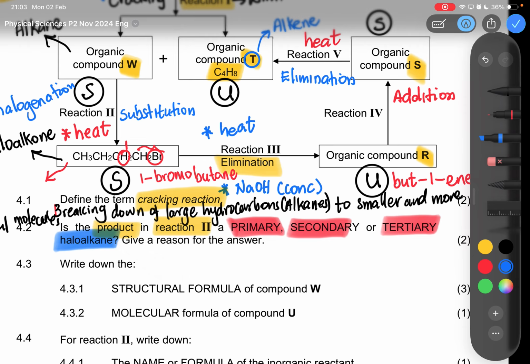Some of you are used to seeing alcohols all the time. Haloalkane can be primary, secondary, and tertiary, depending on where they are located.